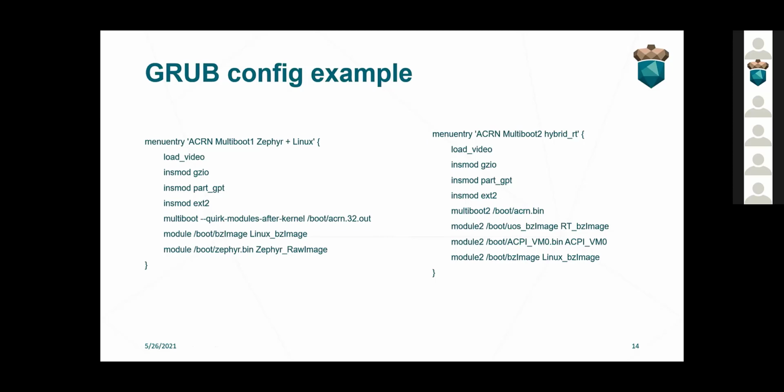For example, here Linux_bzImage means the file that the module loads is for the SOS kernel. The tag of Zephyr_RawImage means the file that GRUB loaded is the Zephyr kernel. So you can configure this tag in your configuration XML files.